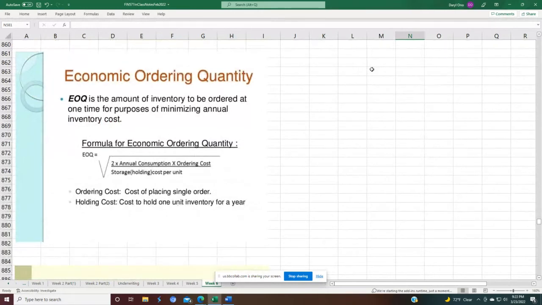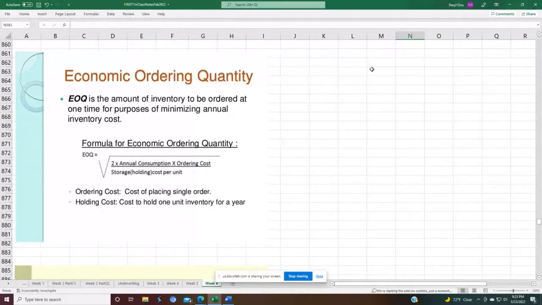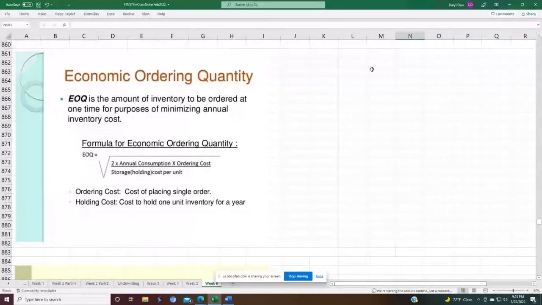Okay, so we want to introduce what's called the economic order quantity. The economic order quantity is a formula that tells you every time you place an order, how many items should you order?